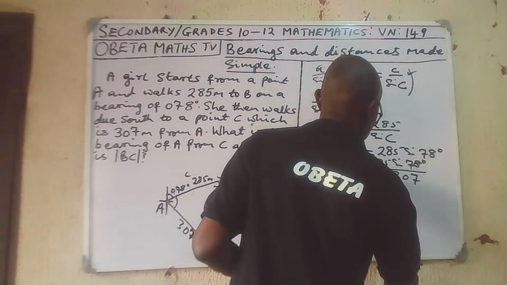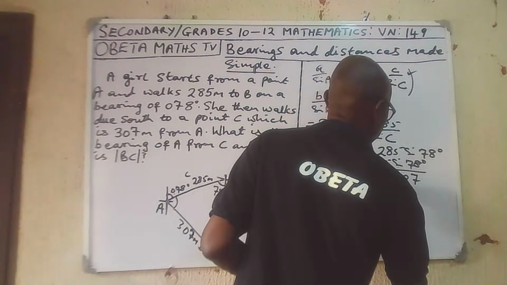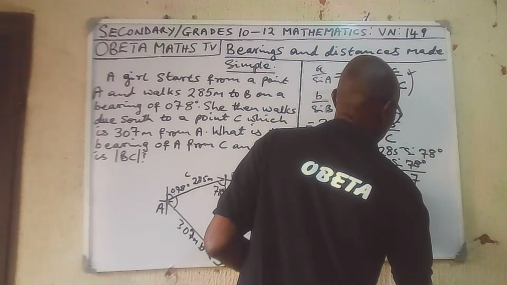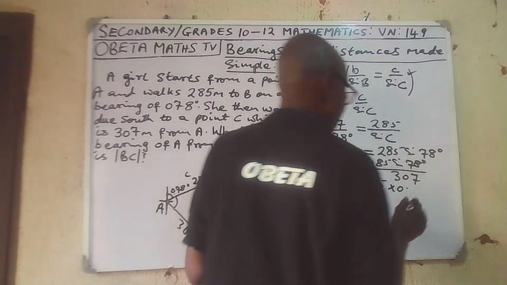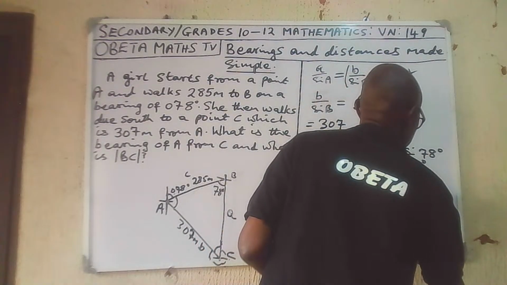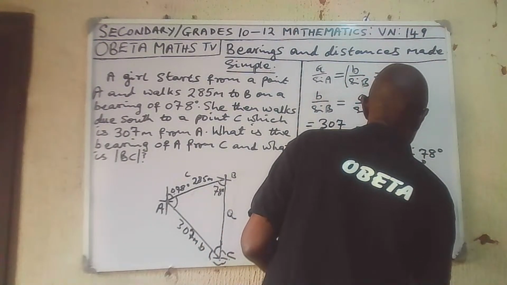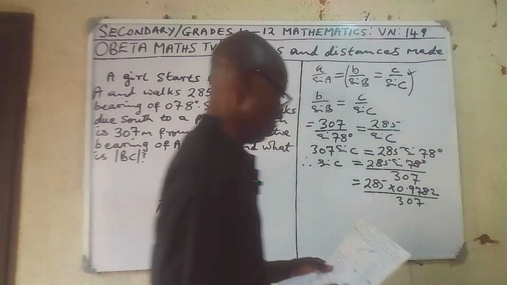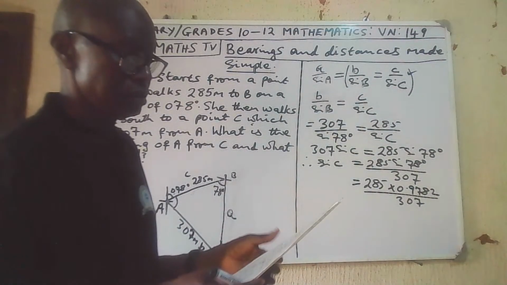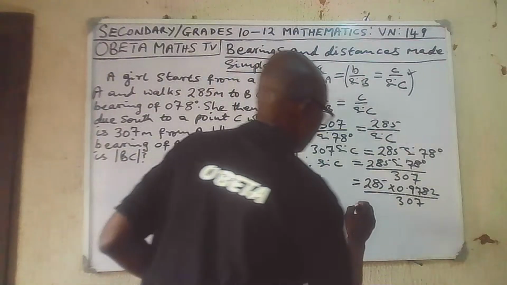So that will give us 285 times 0.9782. We are dividing by 307.